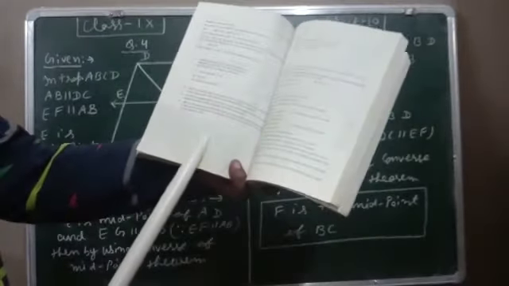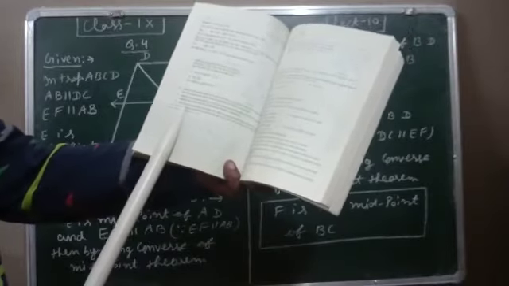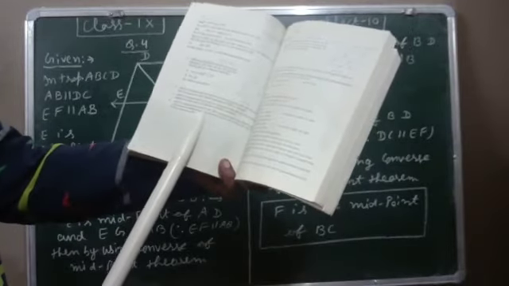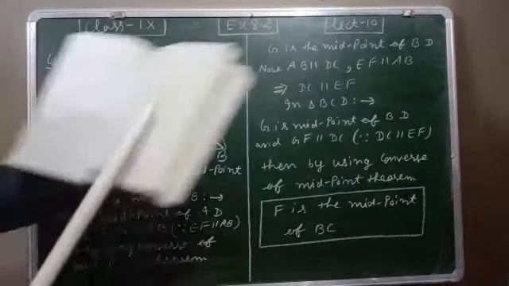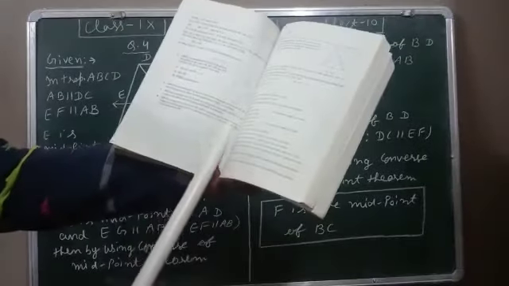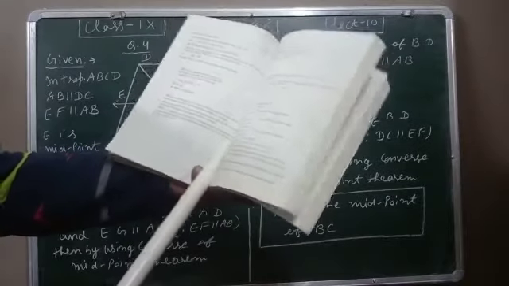This figure is given. Here ABCD is a trapezium in which AB is parallel to DC. We draw the diagram. E is the midpoint of AD.